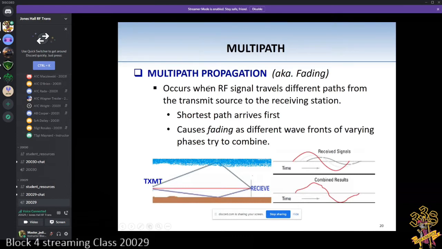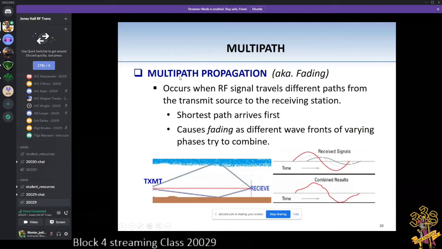Multipath propagation. When your signal leaves the transmitting antenna, it has a tendency to spread out. So when the signal reaches the receiving antenna, it hasn't all traveled a direct path. It's traveled different paths. Well, that's multipath.